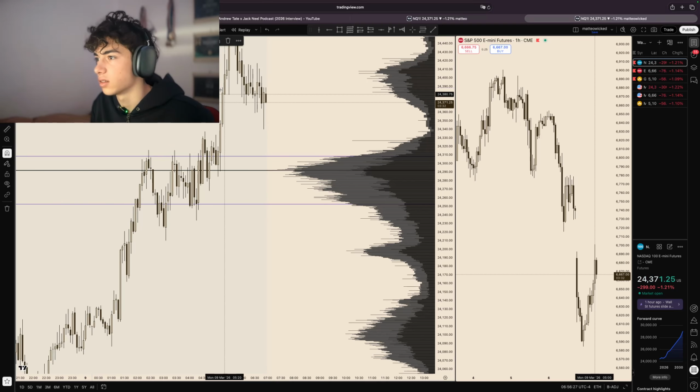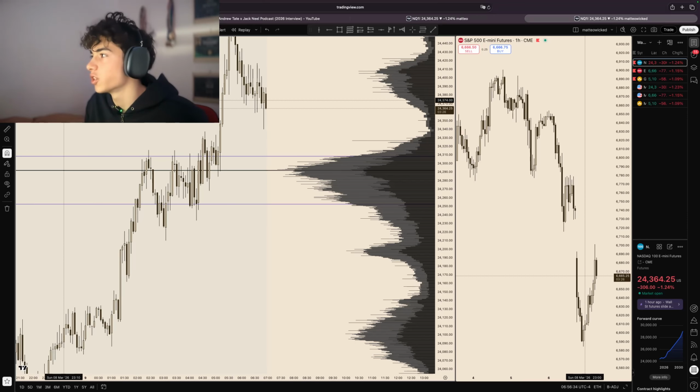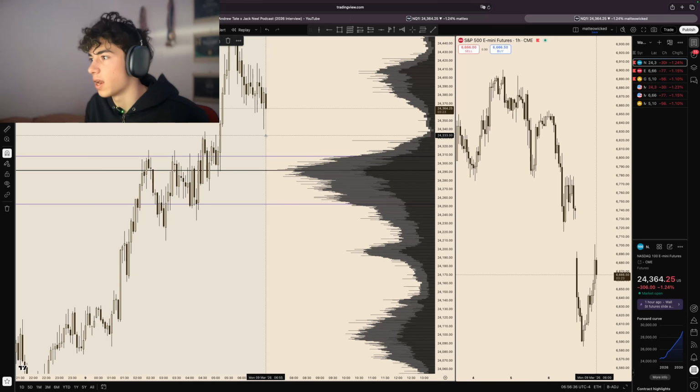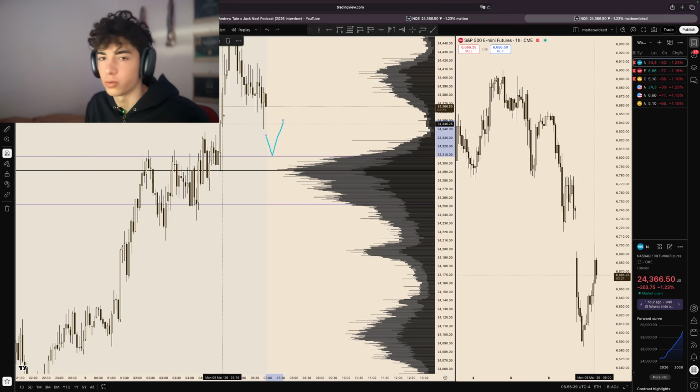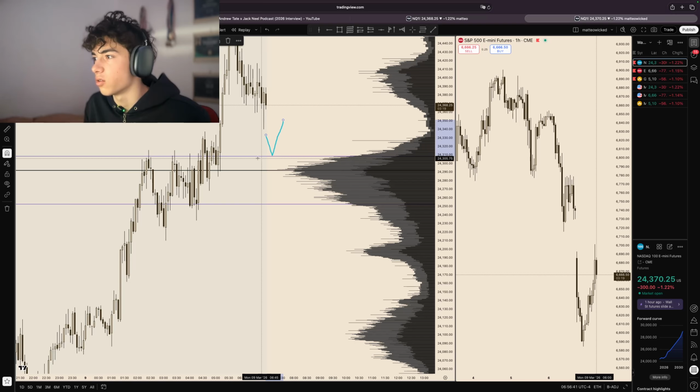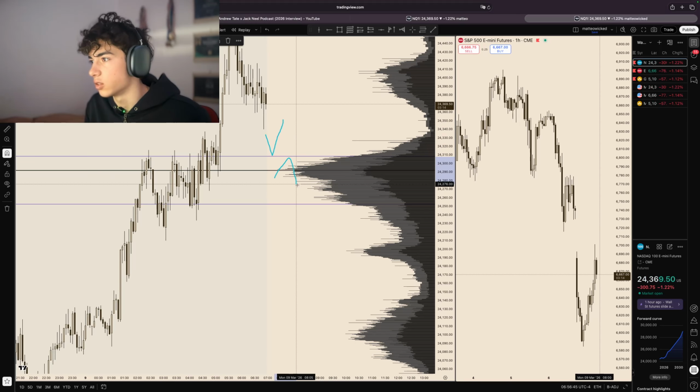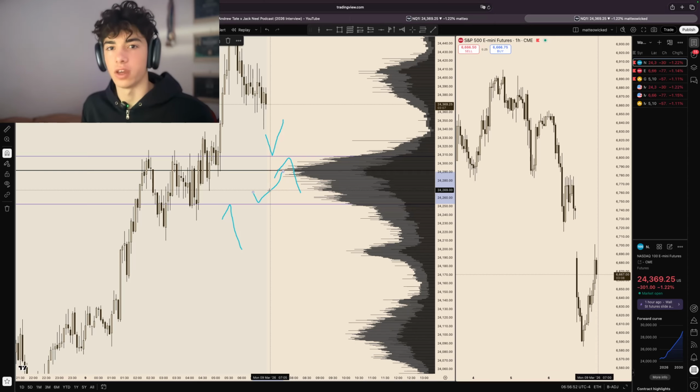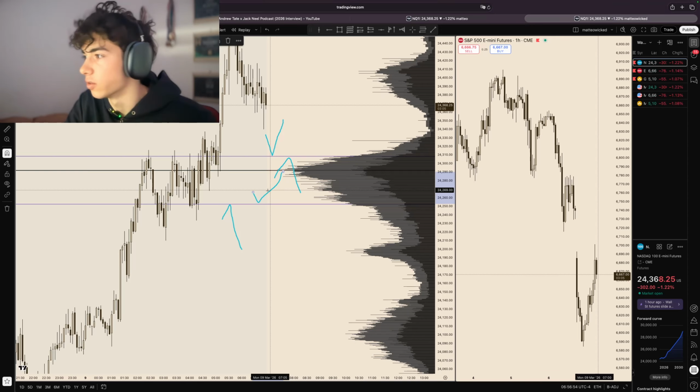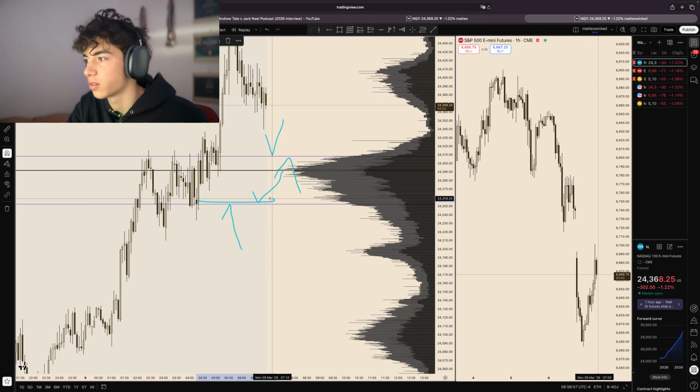You really don't even need to know, because you just treat it as a level of support for price to reverse, either like this or like this, and same here. It's a very, very powerful zone, so this works very good, to be honest.